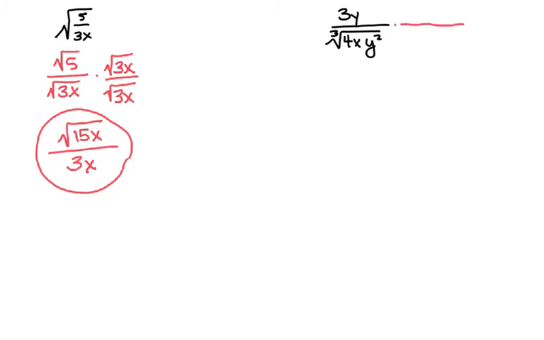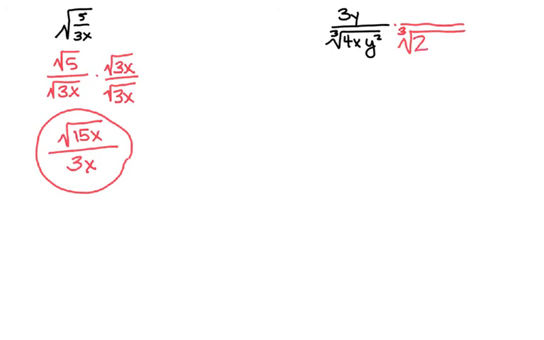So we'll multiply by the cube root of what makes 4 into a perfect cube? Well, if we multiply it by 2, we'll get 8, which is 2 cubed. That should have been a 2. If we multiply it by 2, we will get 8 and make it a perfect cube. Okay, so we'll multiply by 2.